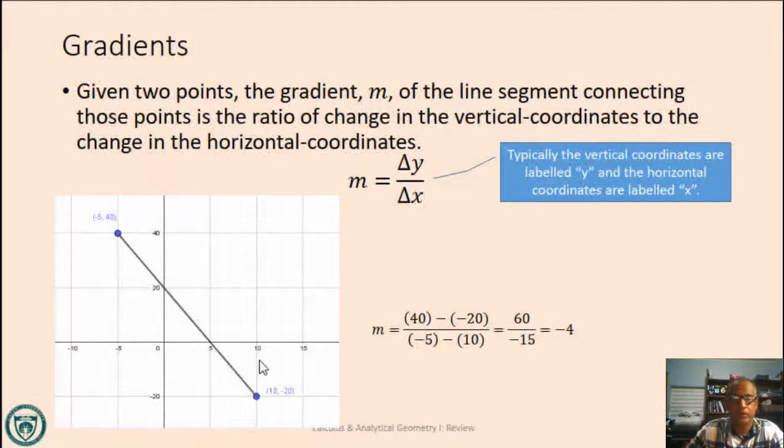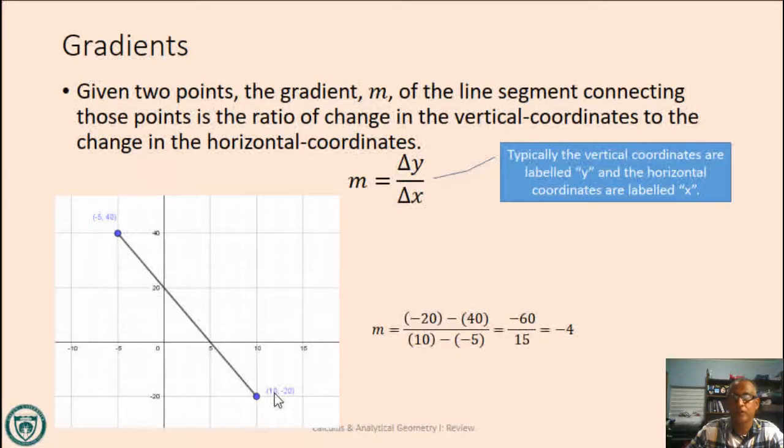One major point to carry away from this is that it doesn't matter which of these two you pick as your initial or as your final, you'll get the same value for the gradient. But you need to be consistent. If this is your initial and this is your final, then this has to be your initial value of y, and this has to be your final value of y. This has to be your initial value of x, and this has to be your final value of x.